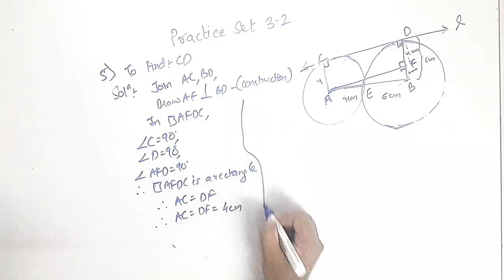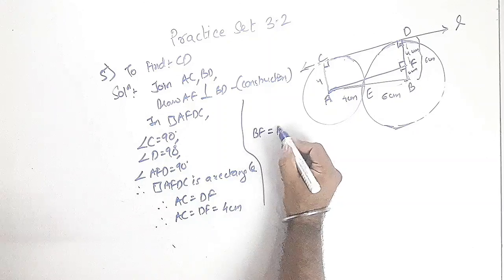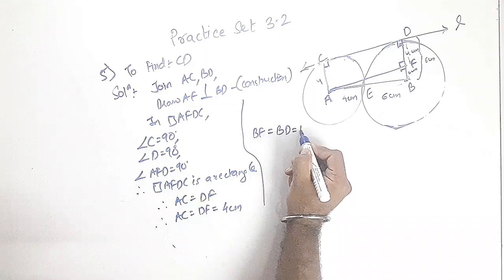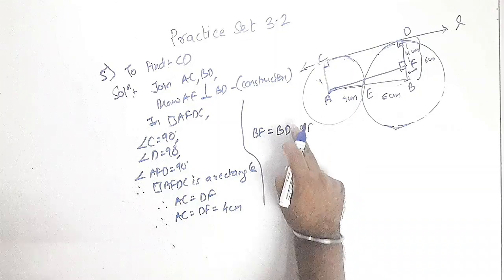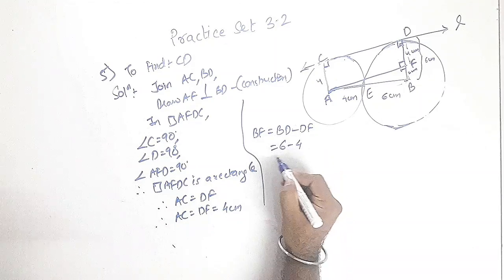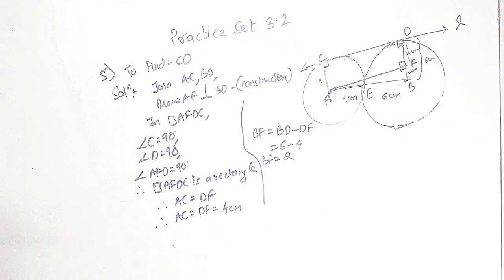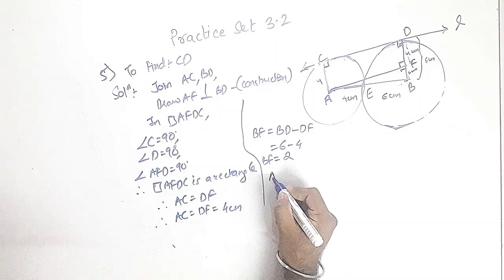Now, can you see BF? BF is equal to what? BD minus DF. So it is 6 minus 4 equals 2. BF is equal to 2. Correct? Now let us find AB.